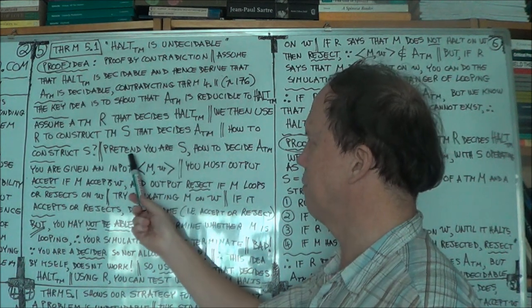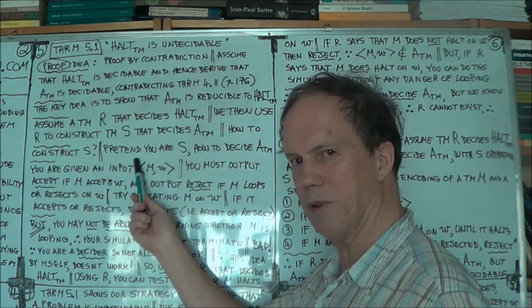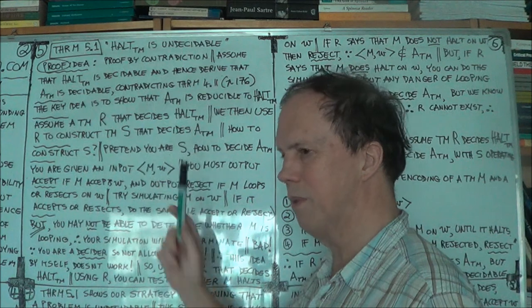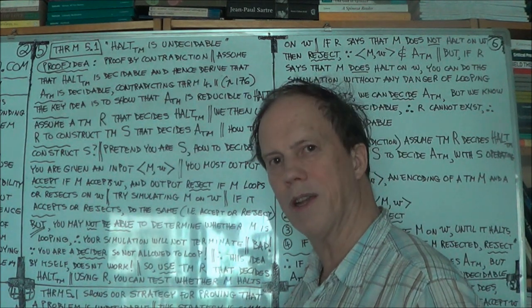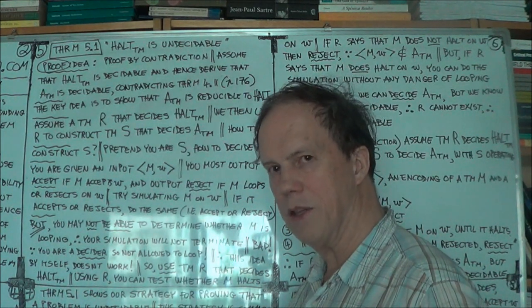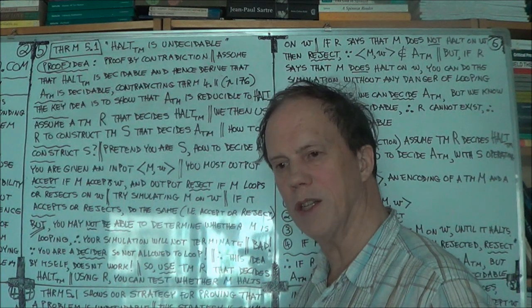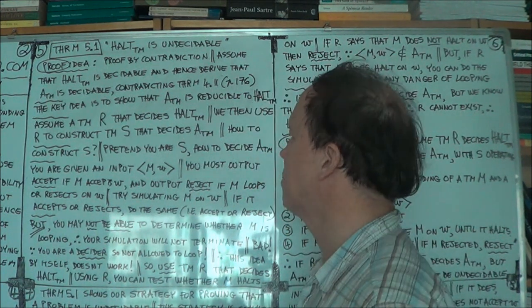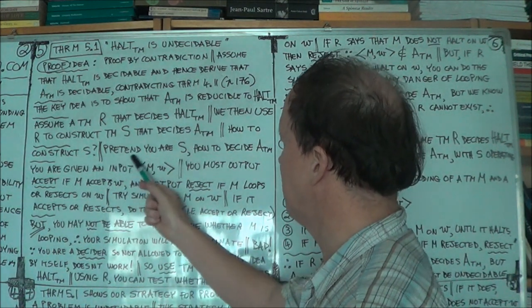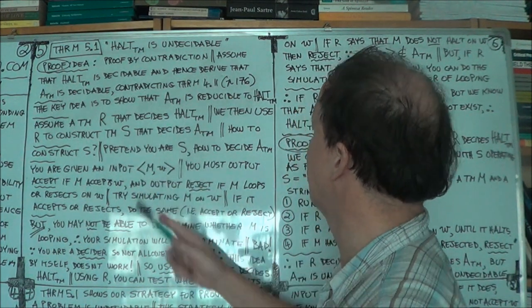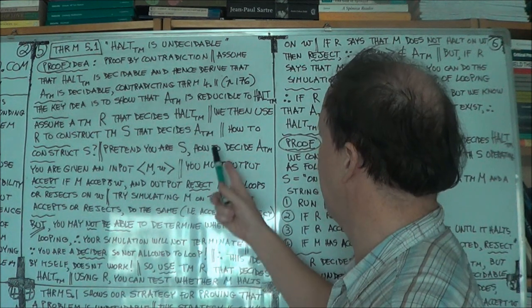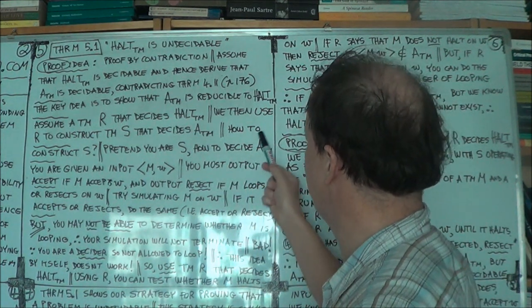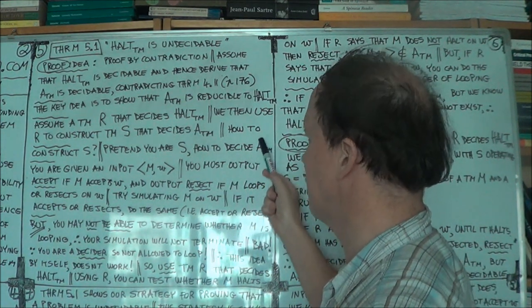Well, when you're trying to prove things yourself, often it pays. It's a useful trick to pretend that you are the Turing machine in question. How would you go about solving this problem? Okay, so imagine, pretend you're this machine S. So how would you go about deciding this language ATM?